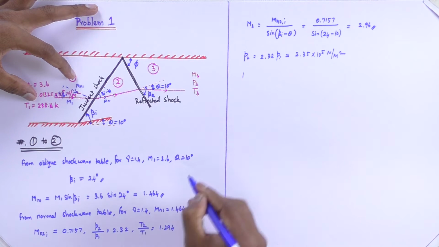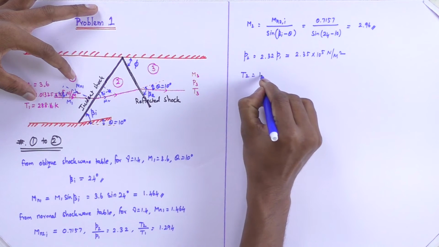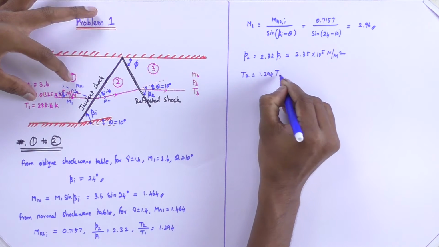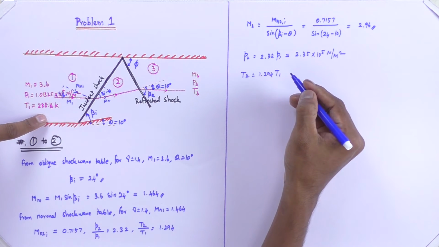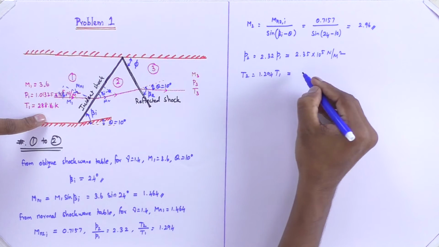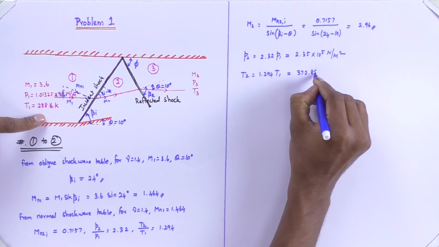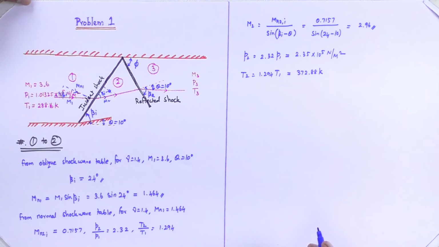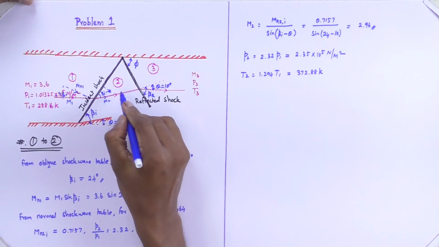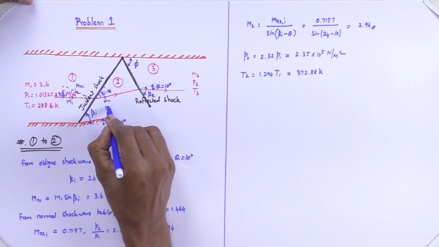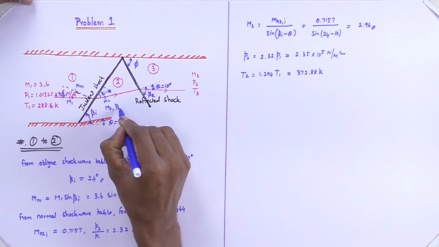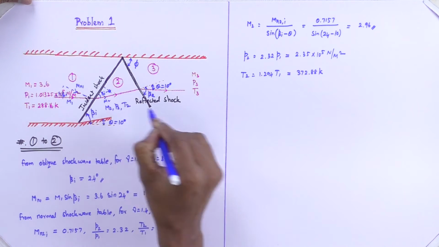Then from the temperature ratio, T2 is 1.294 times T1. We know the value of T1, that is 288.16 Kelvin. So after the calculation it will give us 372.88 Kelvin. So now we know the properties in region 2. M2 value we know, P2 value we know, and T2 value we know.